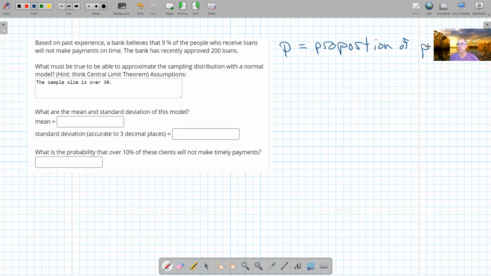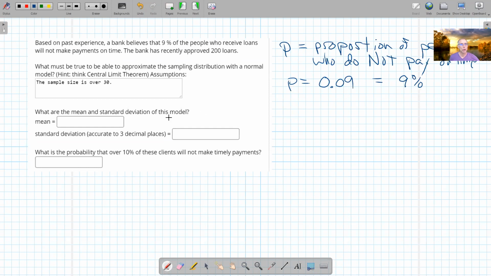P is the proportion of people who do not pay on time. So that's what it means in words, and they're saying that is 9%, so 0.09 is 9%.